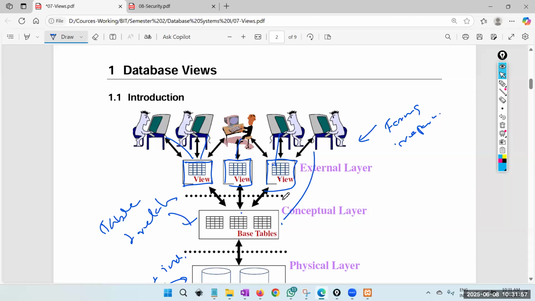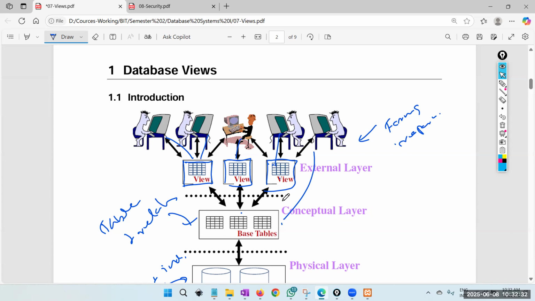And views have a security purpose as well, because when we create a view, we can restrict access to that particular table. For example, say we have an employee table, but we may create a view which has only employees of the marketing department. So that the marketing manager can be given access to the marketing employees view, whereas the engineering department manager can be given access to the engineering department view rather than the employee table at database level.